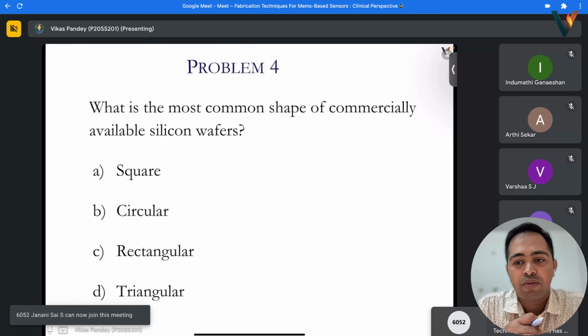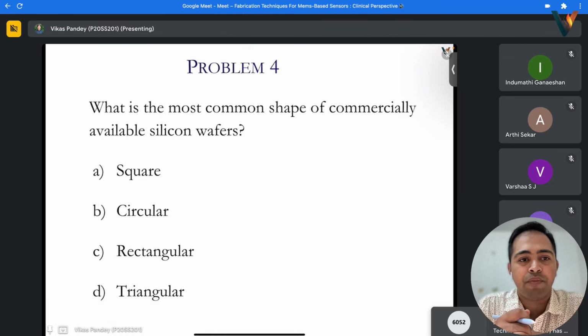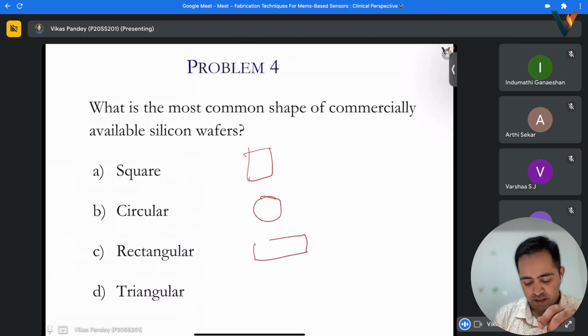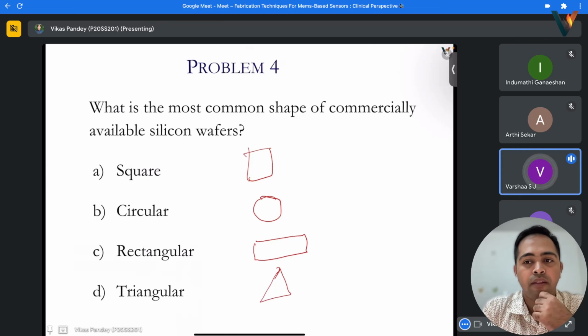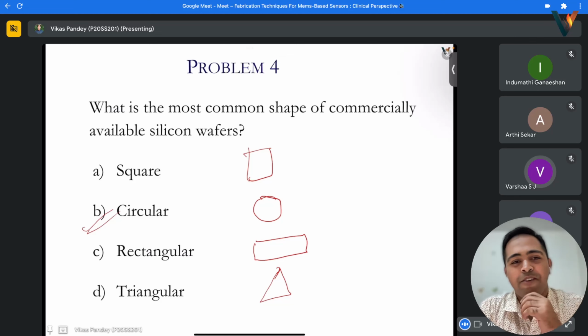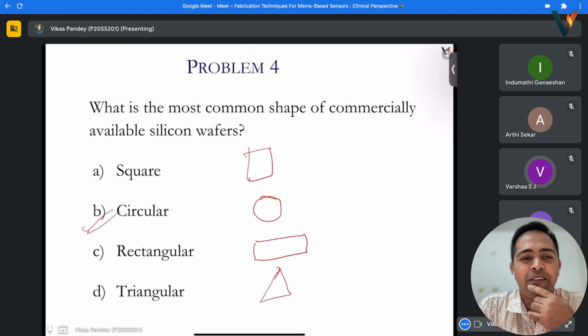Can anyone tell me the shape of a commercially available silicon wafer? Is it a square, circle, rectangle, or a triangle? Circular in shape. Okay. Any reason why it is circular?